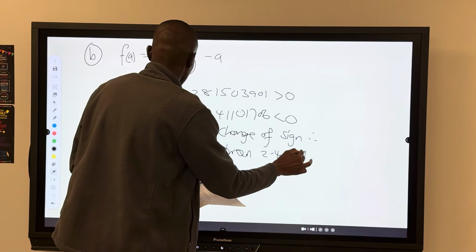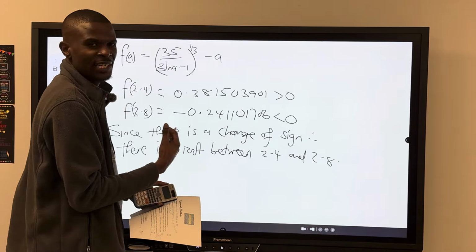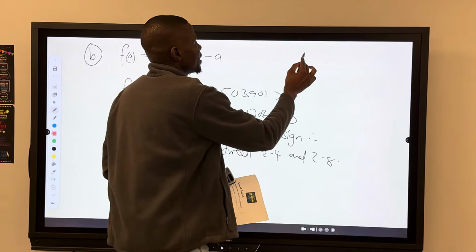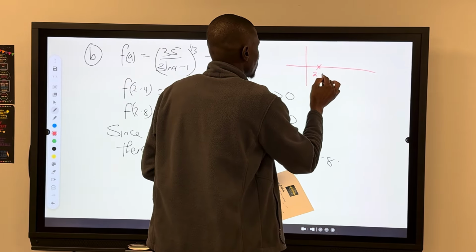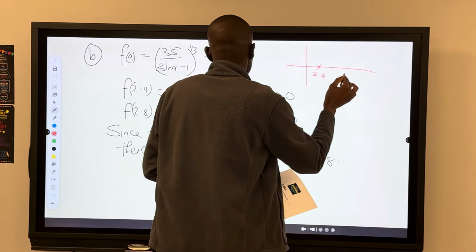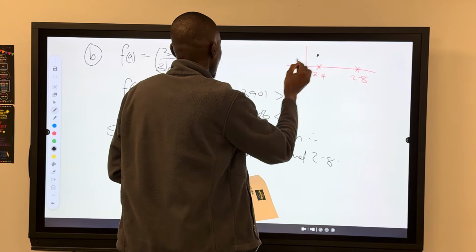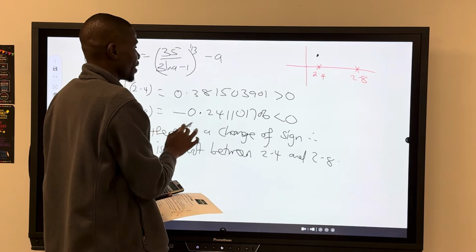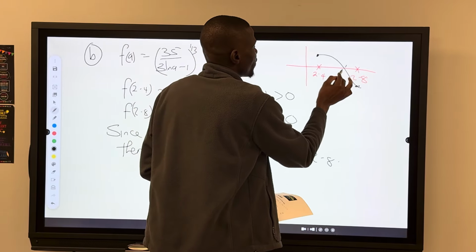Okay, so I just want to explain a little bit here. I have these two values, 2.4 and 2.8, right? When we plug in 2.4 into our function, we got 0.3 something, which is above the axis. Then when we plug in 2.8, we got a negative, which is below. So somehow we have a solution.